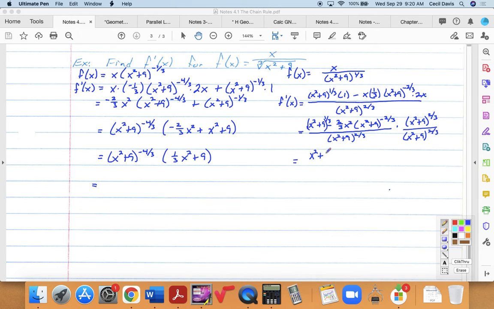Minus, when we multiply these two together, the x squared plus 9 to the negative 2/3 times the x squared plus 9 to the 2/3 will cancel out entirely.